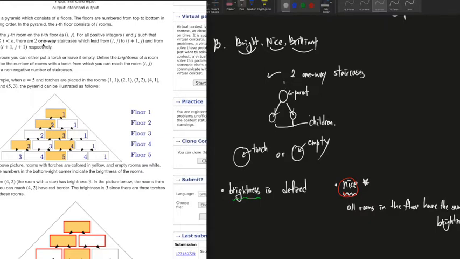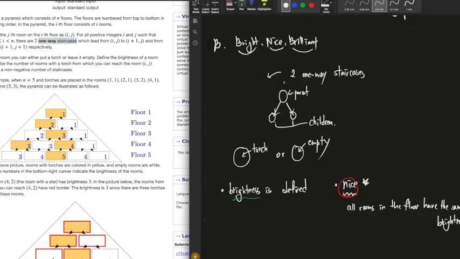And also, they are connected by one-way staircases. So every room has 2 one-way staircases to children. And their floor is different.